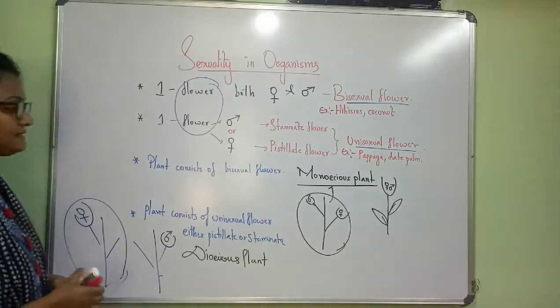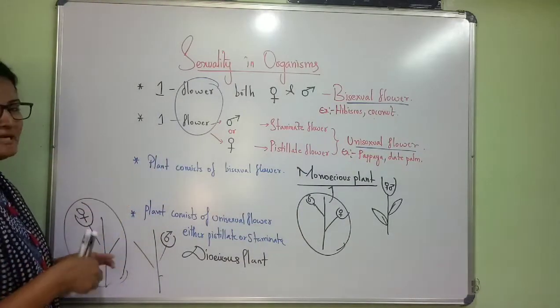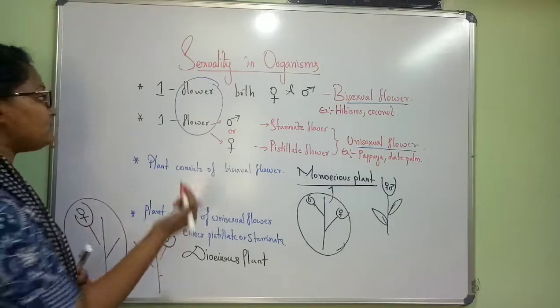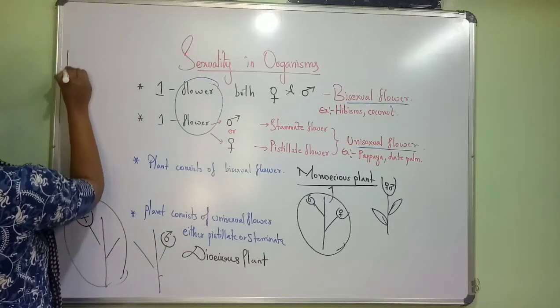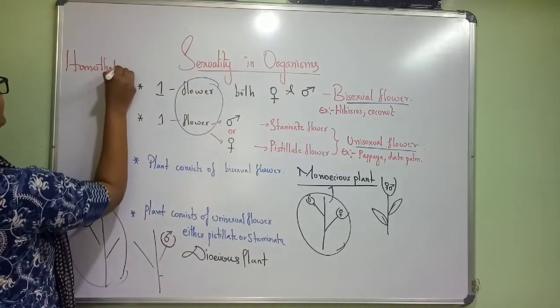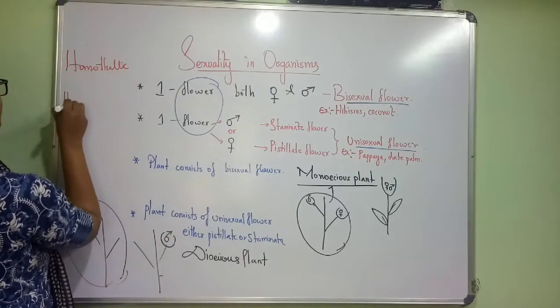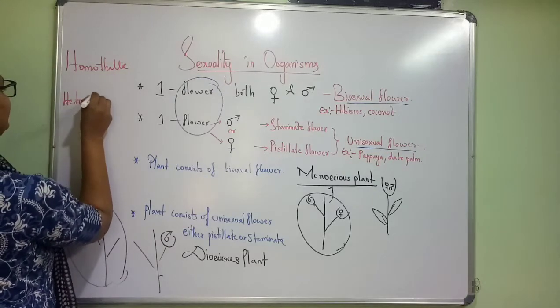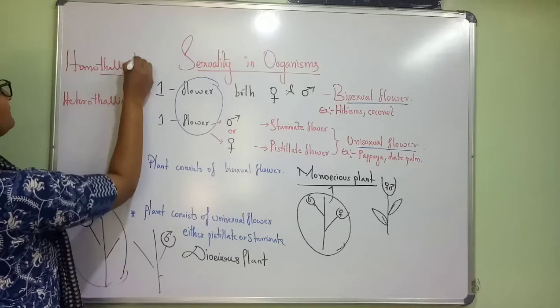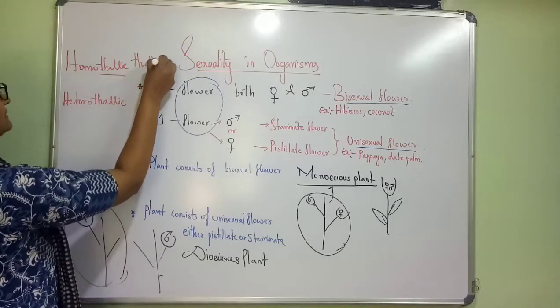And one more concept about a plant, especially in some bryophytes as well as fungi, that is the concept of homothallic and heterothallic. Thallic means thallus.